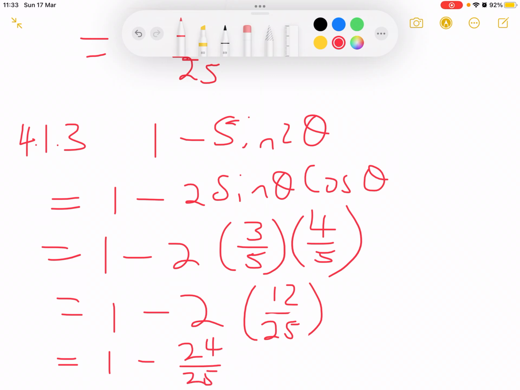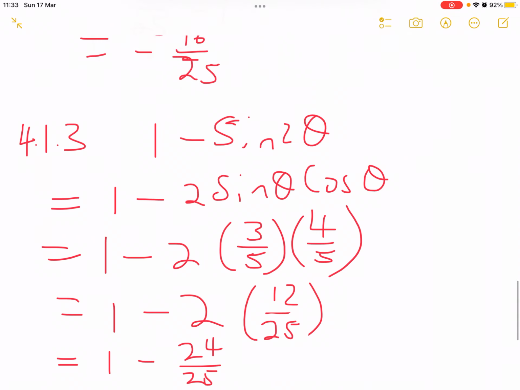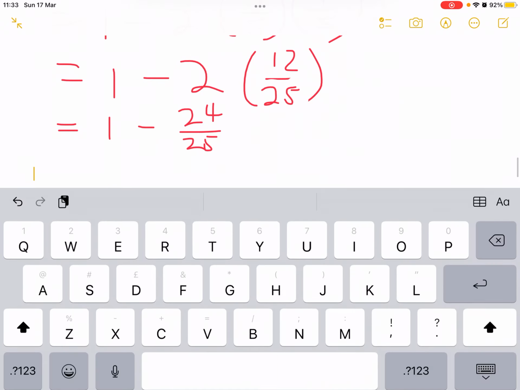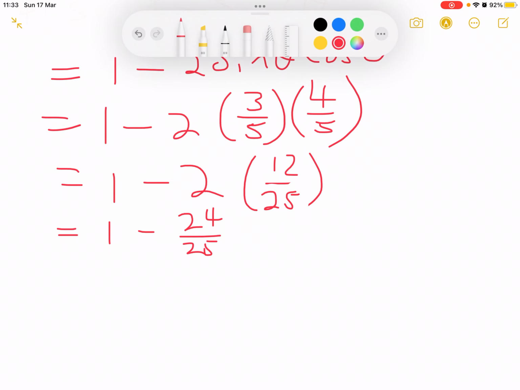So without using a calculator, we are going to get 1 over 25, because 1 minus 24 over 25, I'm checking in the calculator, you're going to get 1 over 25, which is correct, as I said, 1 over 25.